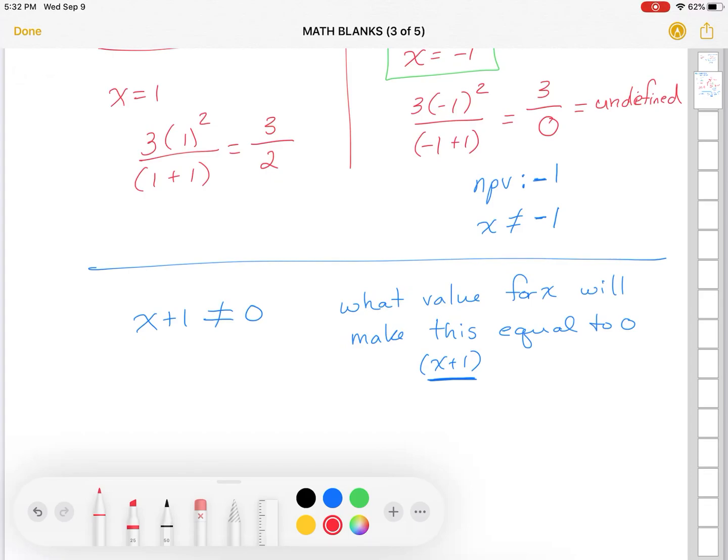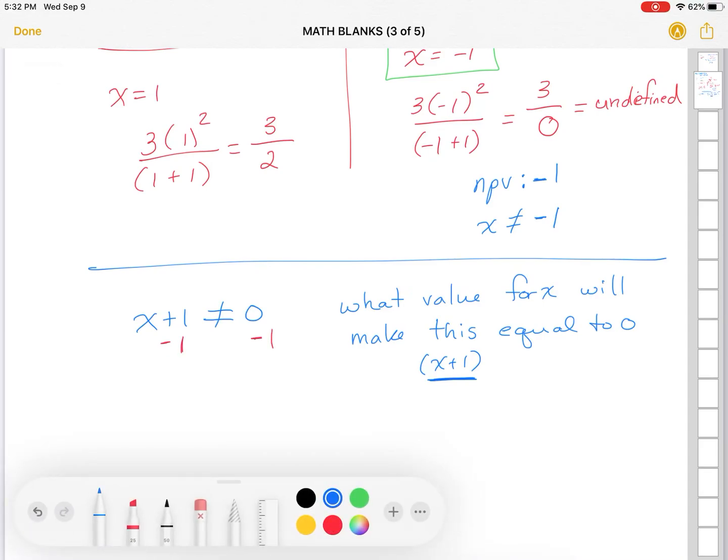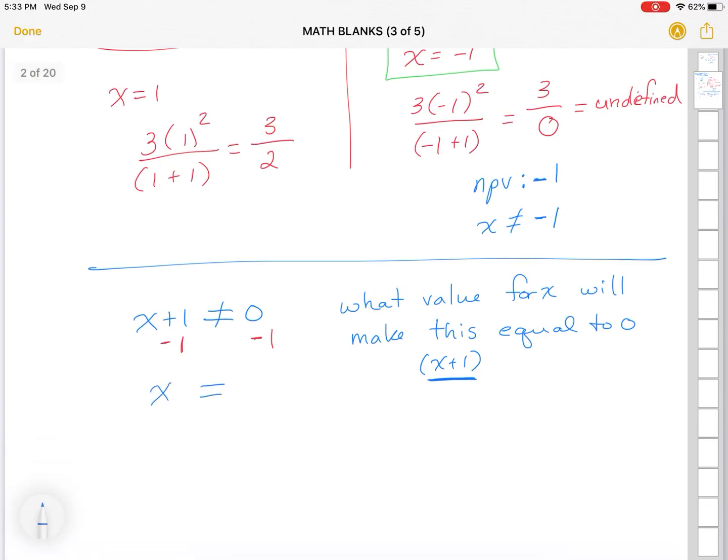I have x plus 1 on this side, so to move it to the other side, I'm going to subtract 1 from both sides. So x plus 1 minus 1 leaves me with x, and on this side, 0 minus 1 gives me negative 1. So then I have my solution.